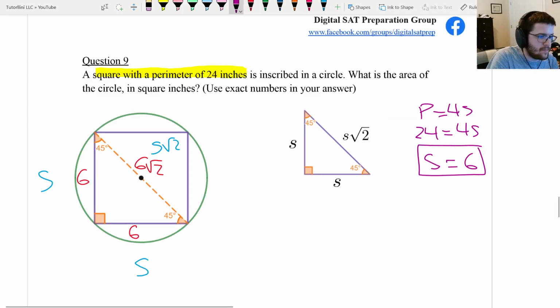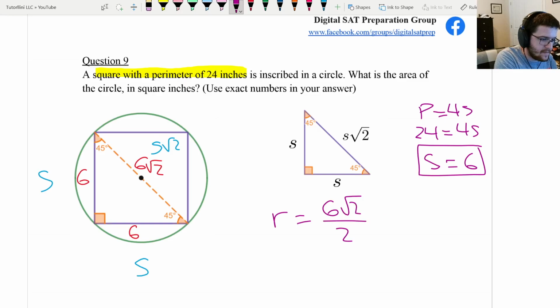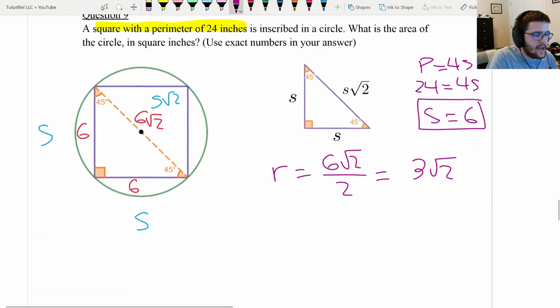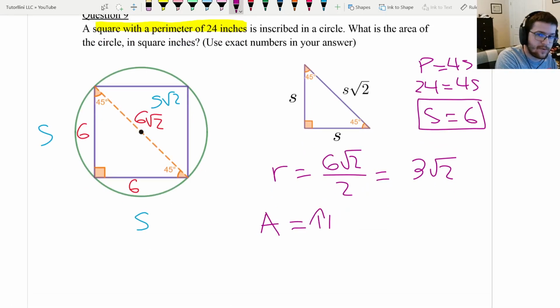So you guys are seeing maybe that the diameter, which is this length, is 6 root 2. So the radius is that divided by 2. It's half. So that is 3 root 2. And now to find the area of a circle, we can use the equation pi r squared.